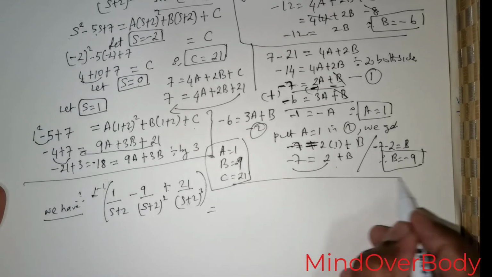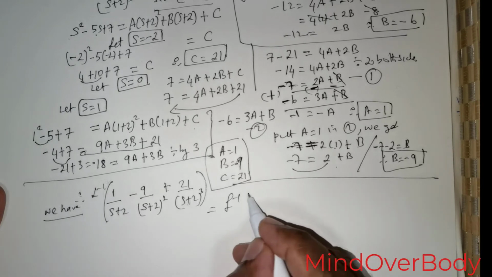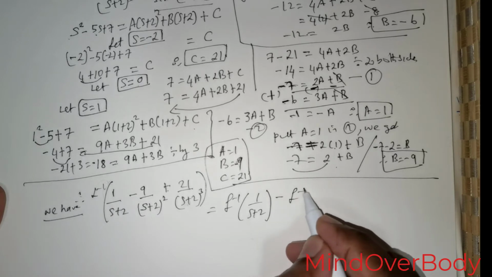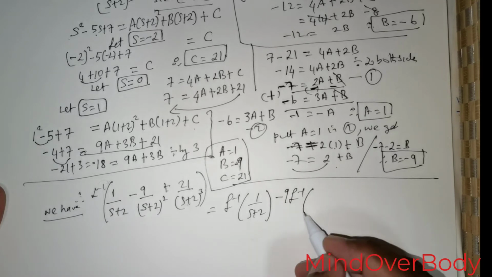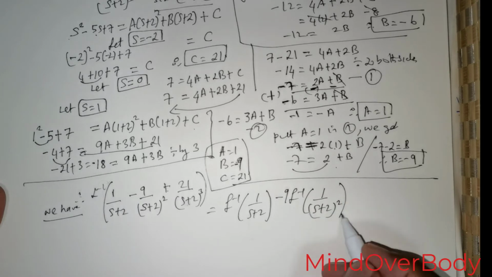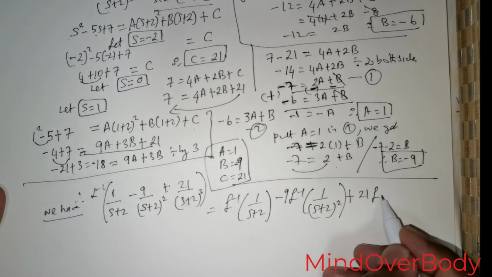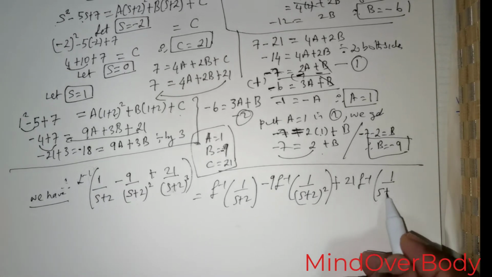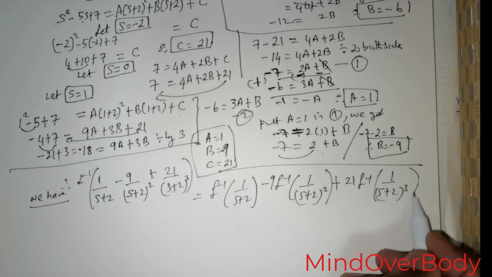By linearity, I can rewrite this as L inverse of 1 over S positive 2 negative 9 L inverse of 1 over S positive 2 raised to the power of 2 positive 21 L inverse of 1 over S positive 2 raised to the power of 3.